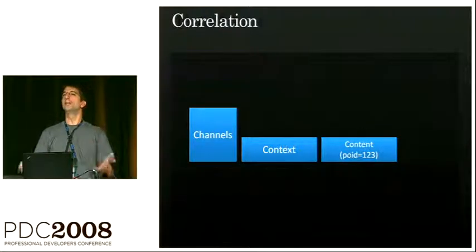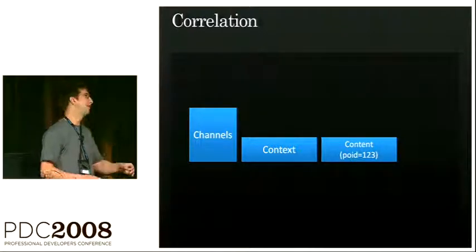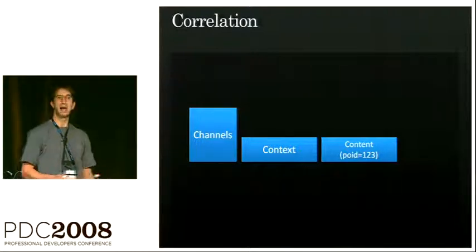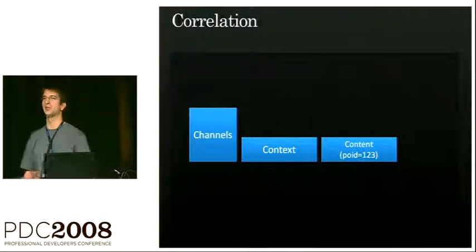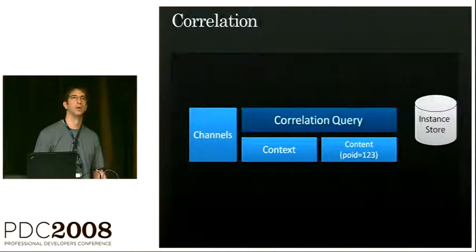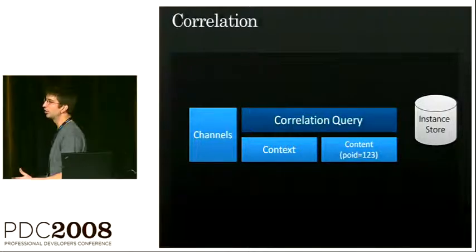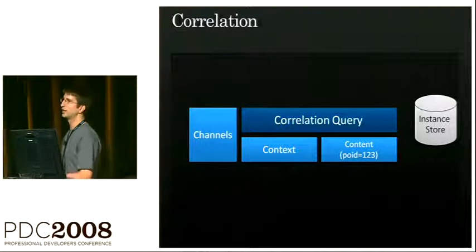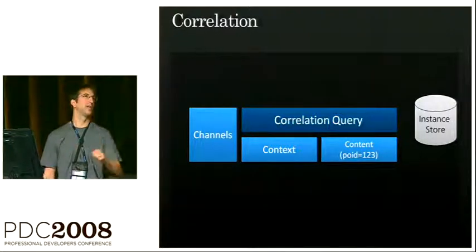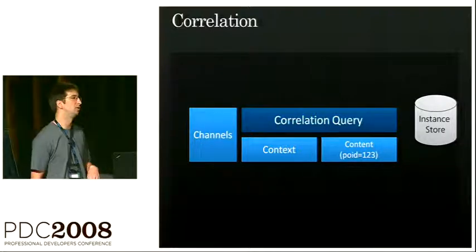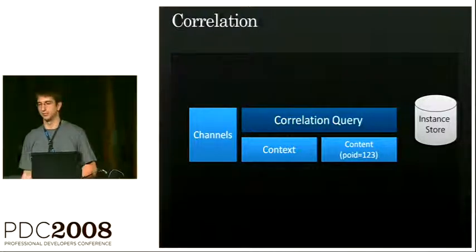In 4.0, we complete this story, introducing the ability to correlate using values in the message and giving you a unified programming model over all correlation mechanisms. The concepts around this are pretty straightforward. You define a correlation query over your message content to express how your messages are going to be related to each other, how they're going to be related to instance state, what values you're going to use from that message.